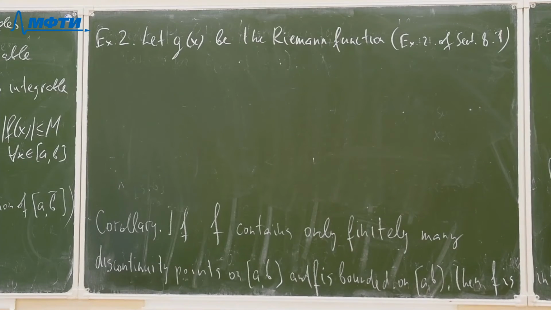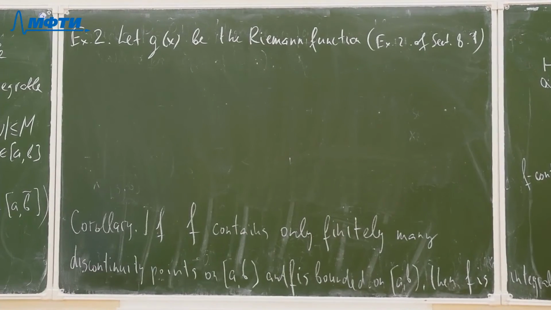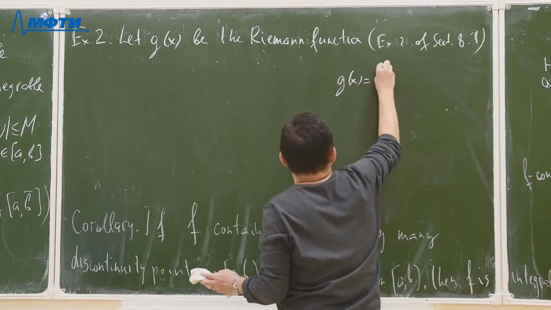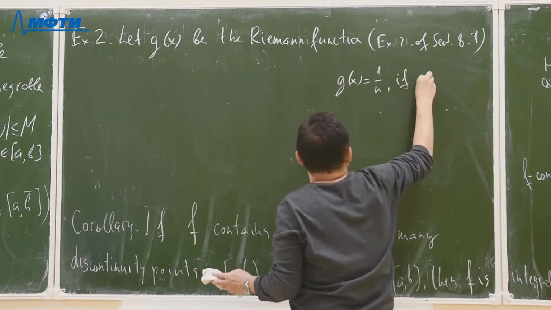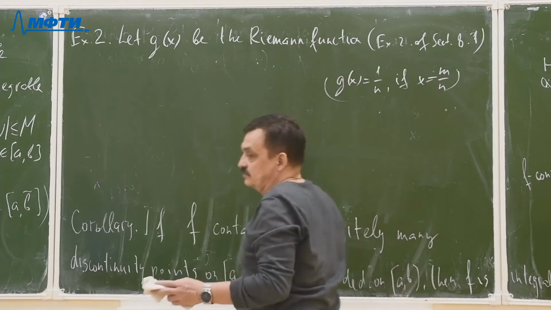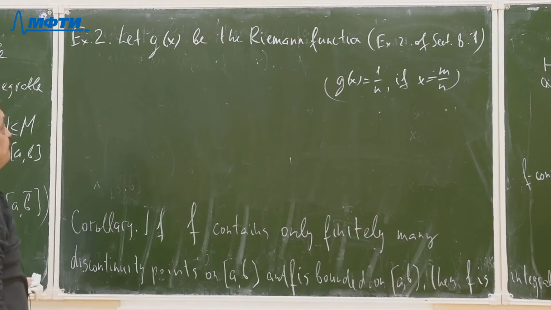Riemann function, right? You remember it was 1 over n if x is rational, x equals m over n. G of x is 1 over n if x is m over n. Right?